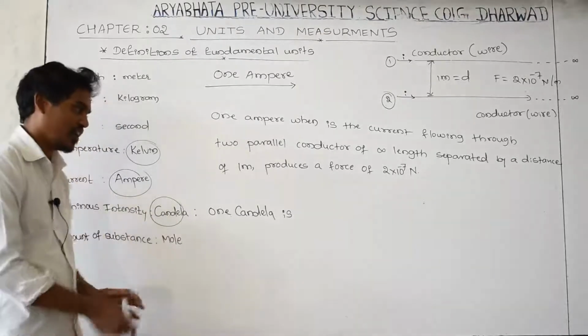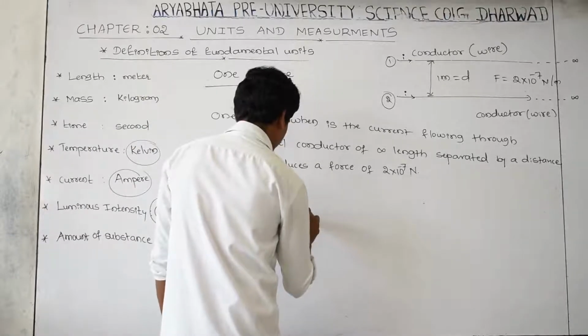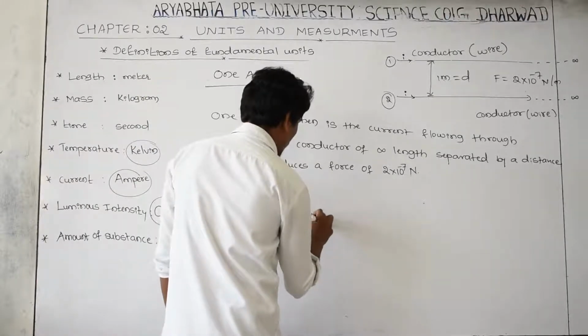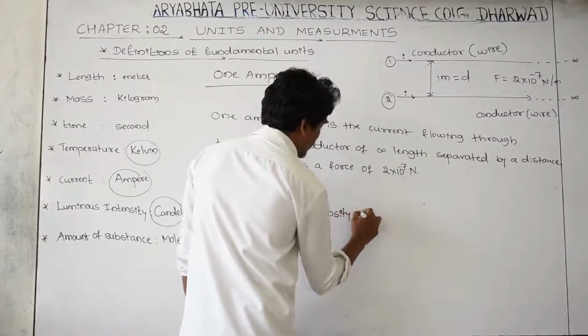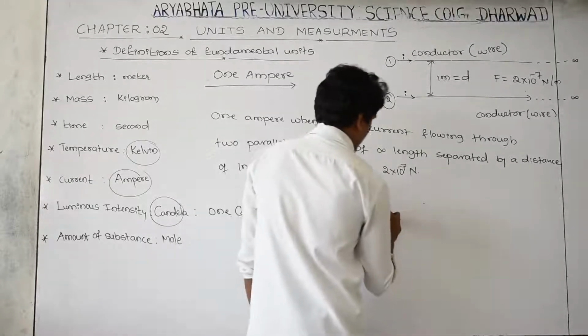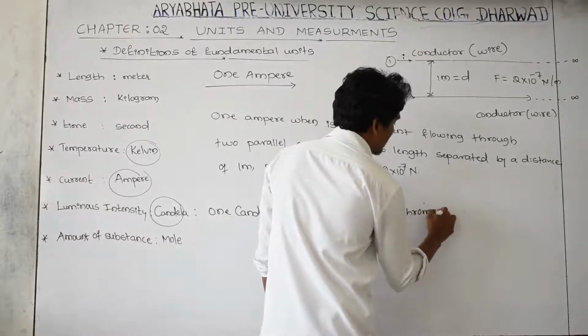What is one candela? One candela is the intensity of monochromatic light. Monochromatic means a single ray of light.